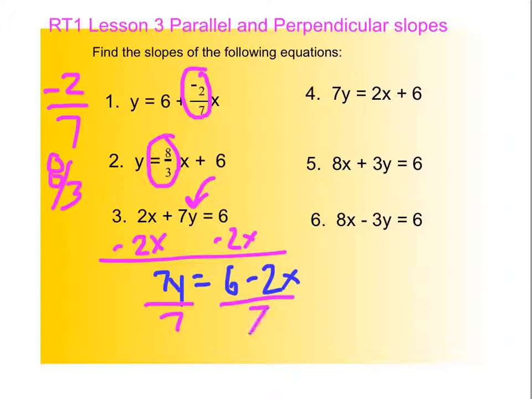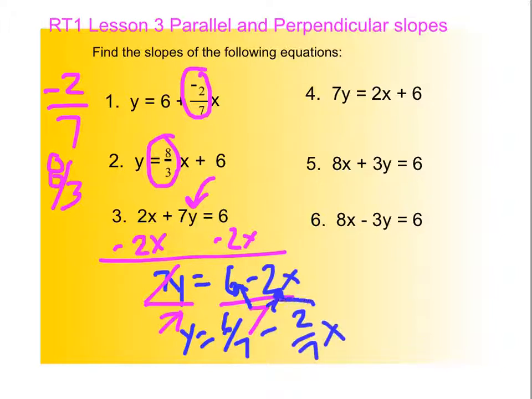Now remember, when you divide the entire right-hand side by 7, you have to use kind of a distributive property for division. You have to divide each of these by 7. So you will have 6/7 minus 2/7 x. That means that the coefficient of x, or the slope for number 3, is negative 2/7.